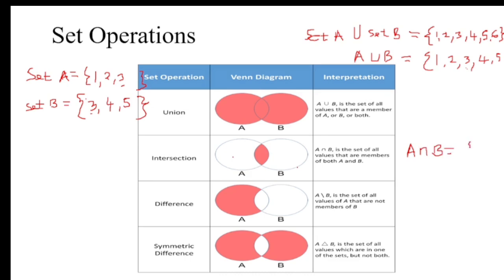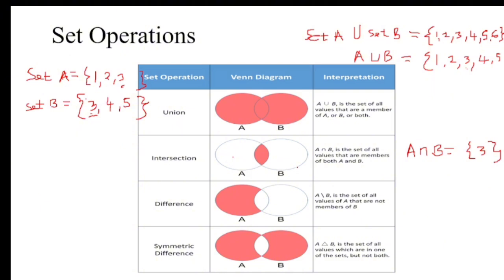For this case, I have 3 here and then I have 3 here. I will only return 3 because it is a value that's in both set A and set B, right? So that is for the intersection set operation.